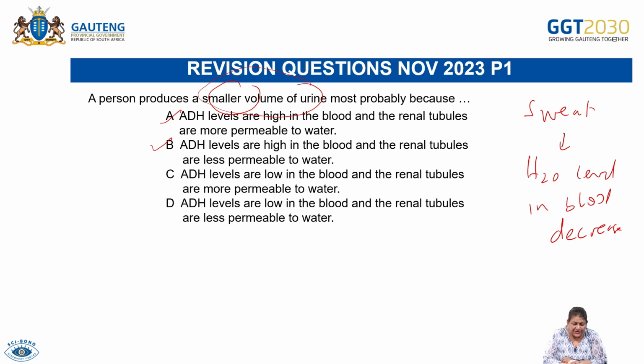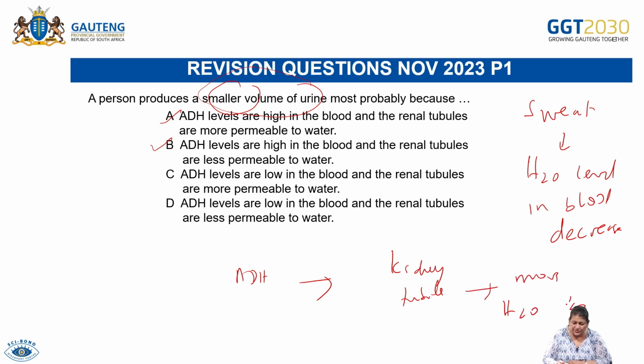Now, renal tubules are what? The kidney tubules. Okay, they must become permeable. Who makes the kidney tubules permeable, children? It is ADH. ADH makes the kidney tubules permeable to water, so more water is reabsorbed into the blood, and you'll have a concentrated or very little urine, right?